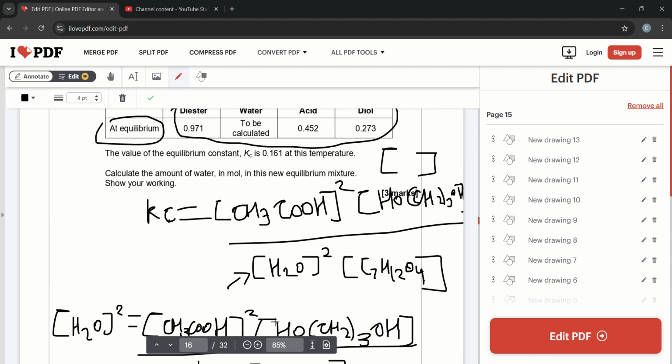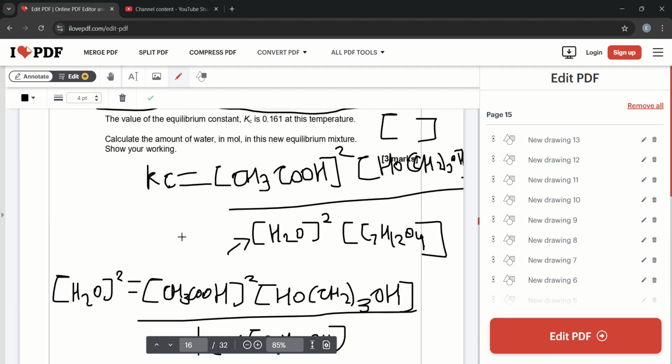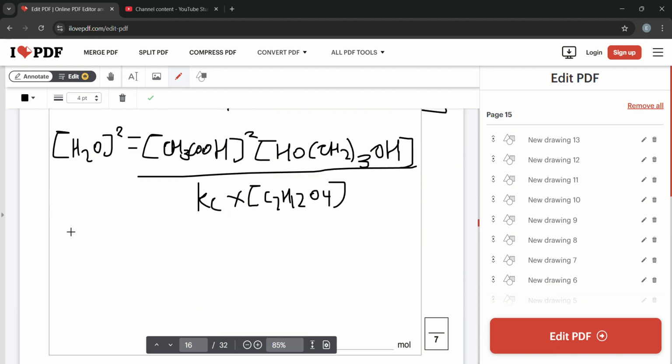Now we're already given all the values, so we can quite easily calculate this. I'm pretty sure you do need to show the substitution, so let's show it.